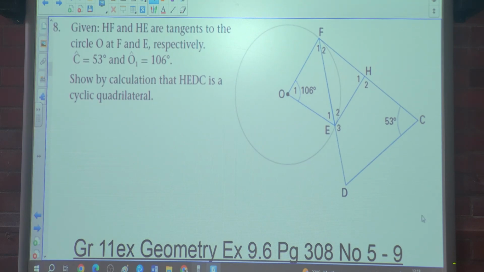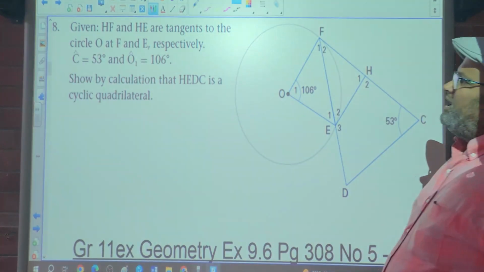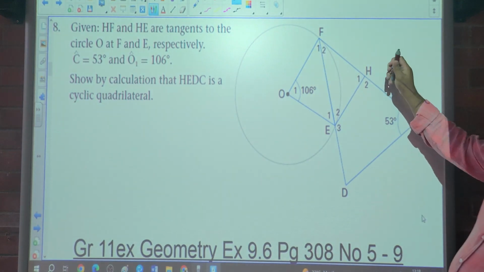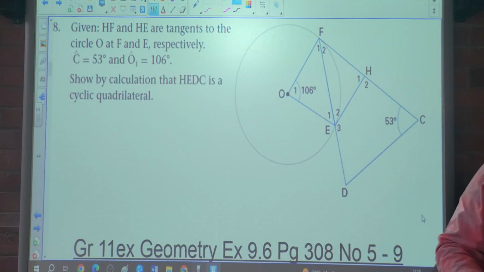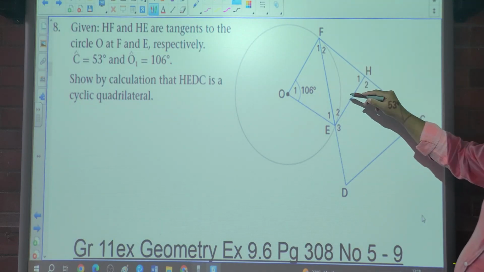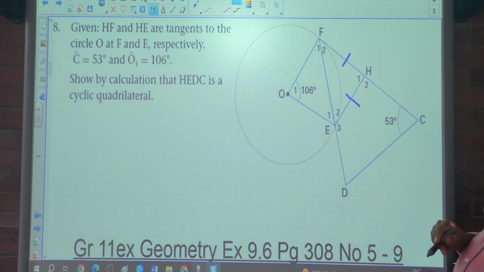Alright. People, given that HF and HE are tangents to the circle at F and E respectively. Okay, so if HF and HE are tangents, what can be said from here? We know that HF is equal to HE.